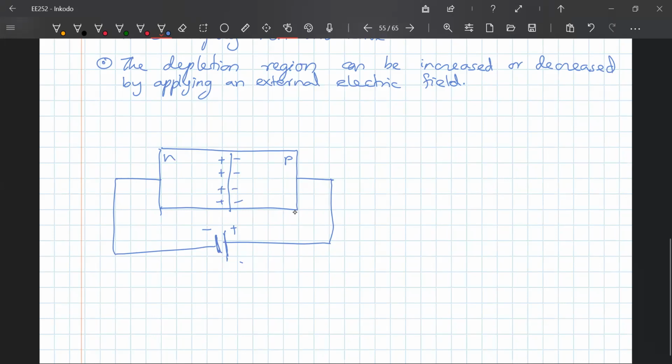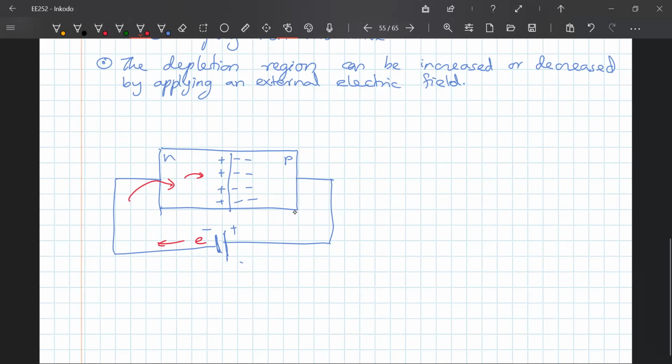You already had a depletion layer like this. But now what is happening is that you have more electrons here. They go like that and jump here, and they actually combine with this area. So these get vanished.